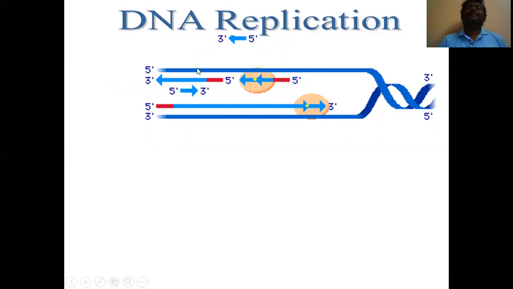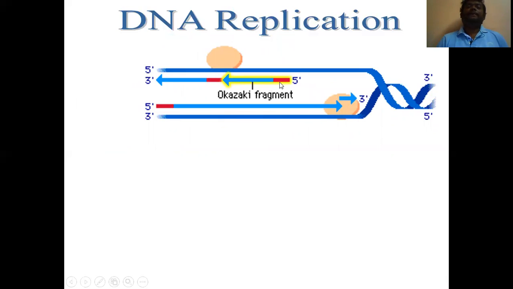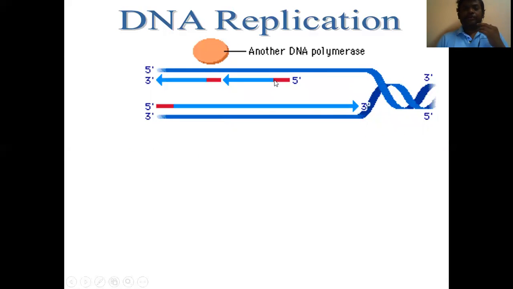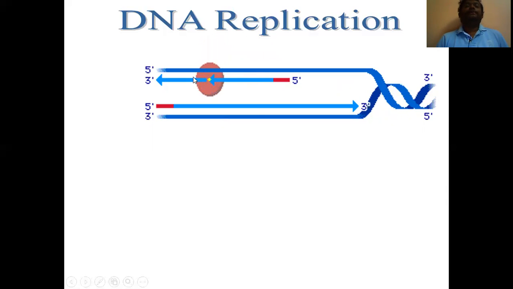This is the lagging strand, in which for each nucleotide sequence there is an RNA primer. So it has multiple RNA primers and the addition of DNA nucleotides is also not continuous, whereas the DNA ligase joins the multiple Okazaki fragments together to give rise to a continuous nucleotide sequence.